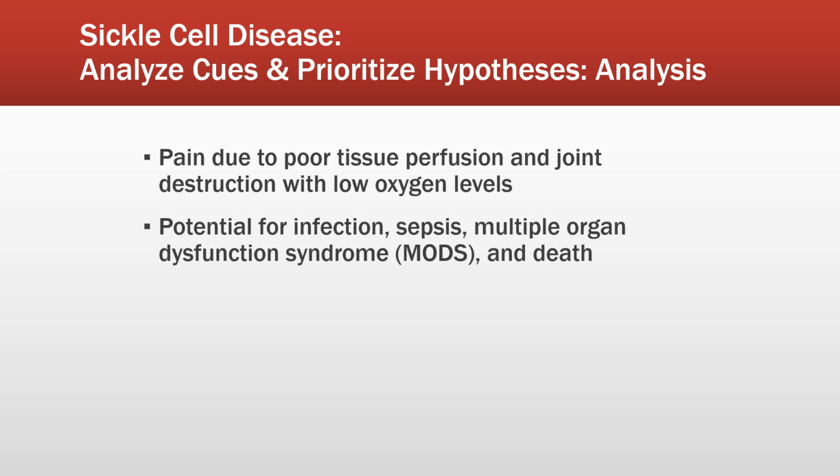As I mentioned earlier, pain is a priority, the management of pain for this particular patient. And then, because of their decreased immune system, we want to protect them and prevent infection, which can lead to sepsis, which could lead to multiple organ dysfunction syndrome, and can lead to death. So these are the priorities. This is what we're going to base our care on for this patient.